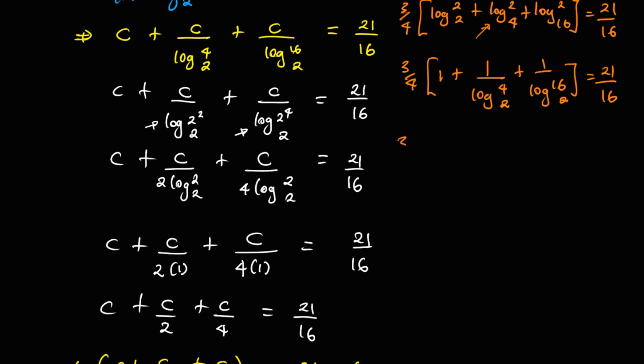21 divided by 16, and we have 3 divided by 4 into 1 plus 1 divided by 4, which is the same as 2 squared, log of 2 to the power 2 base 2, plus 1 divided by 16, which is the same as 2 to the power 4.